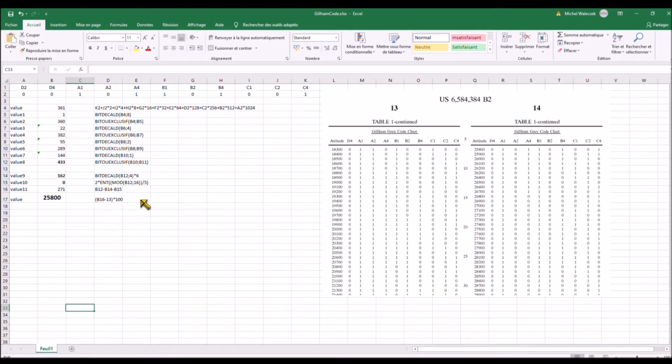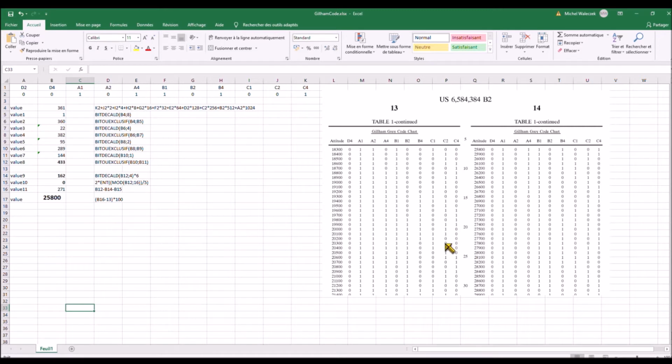So the input data is here. There are 11 bits. LSB is here, C4, and the MSB is D2. On this line, there is an equivalent value of this data in decimal. So you can see the configuration of this data corresponds to one of these altitudes.